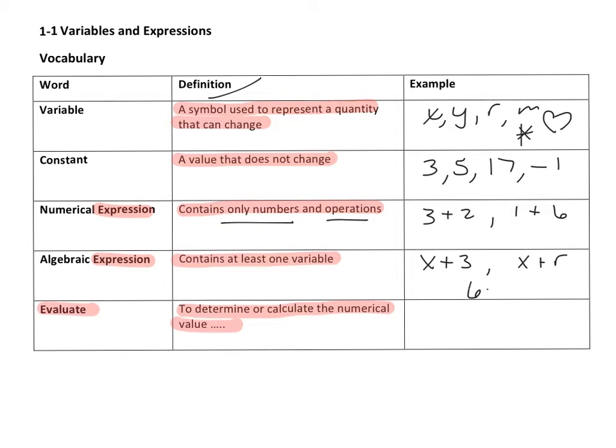Or 6 minus y. These are all algebraic expressions. And then finally, if I were to evaluate, let's say if I had 2x plus 3, and I wanted to evaluate when x is equal to 1. Well, I would simply plug it in. 2 times 1 plus 3 would give me 2 plus 3, which is 5.